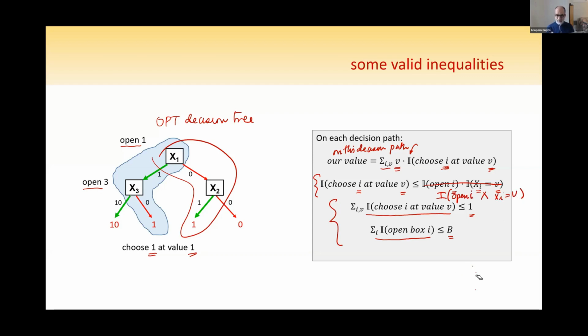Let me write it that way. If I choose i at v, it better be the case that I opened i and xi took on value v.